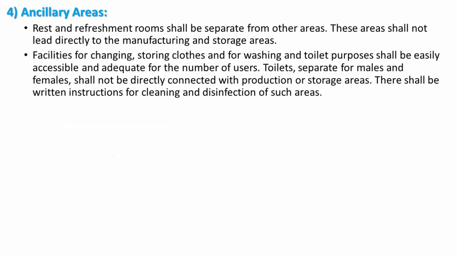The next one is the ancillary areas. Rest and refreshment rooms shall be separate from other areas. These areas shall not lead directly to the manufacturing and storage area. Facilities for changing, storing the clothes and for washing and toilet purposes shall be easily accessible and adequate for the number of users.